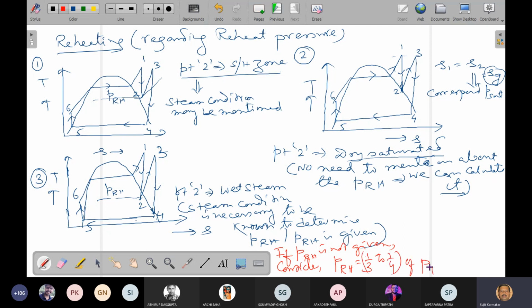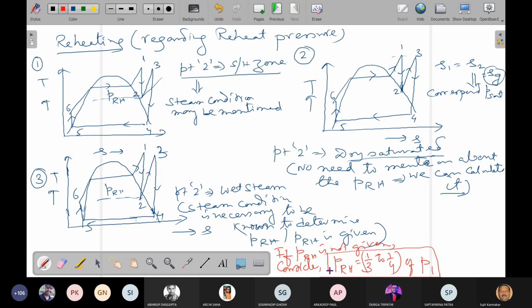What is P1? The boiler pressure. So please note down this assumption: 1/3 to 1/4 of P1. That is the constant if nothing is mentioned. So this is the thumb rule.